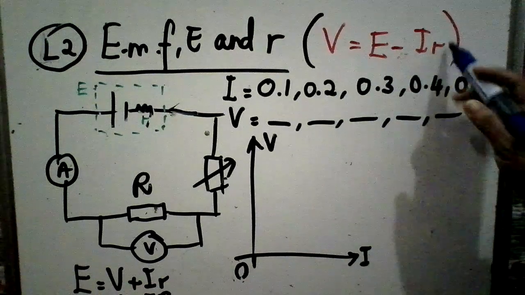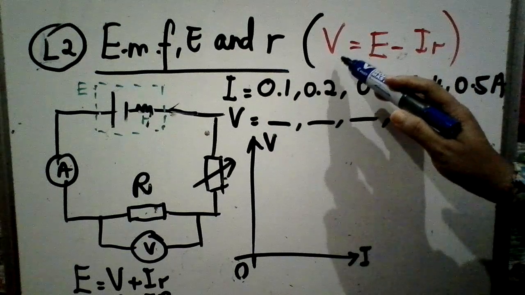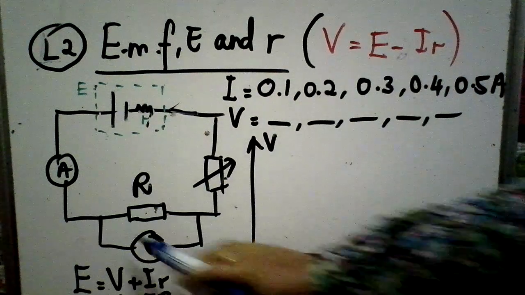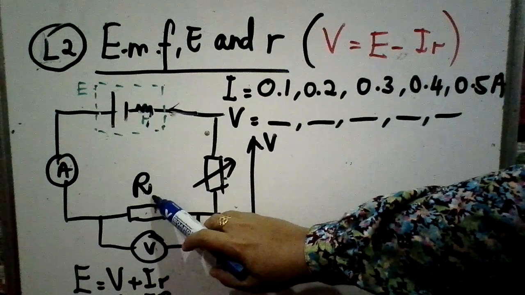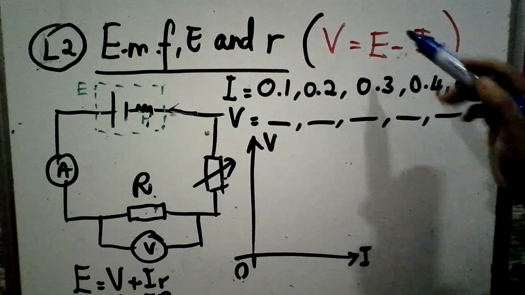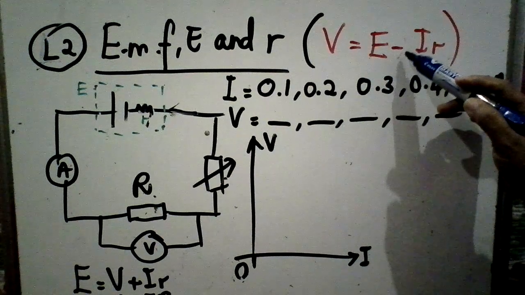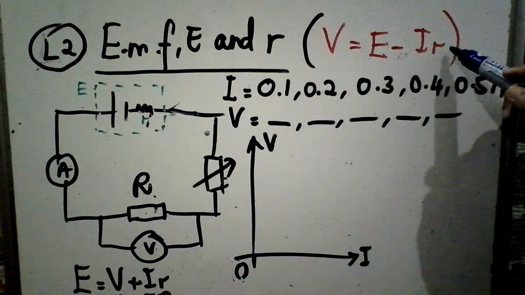Before we discussed that the reading of the voltmeter is equivalent to the potential difference across the resistor in the external circuit. So we get V equals E minus I small r.